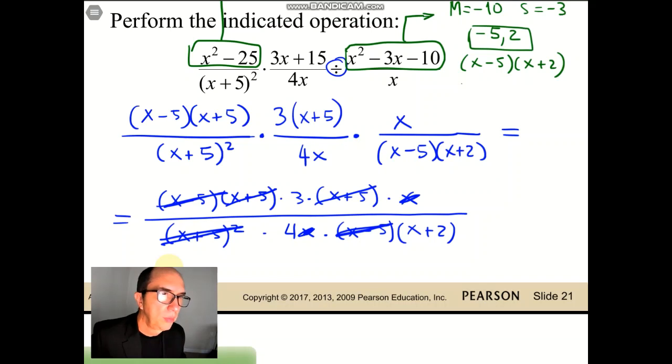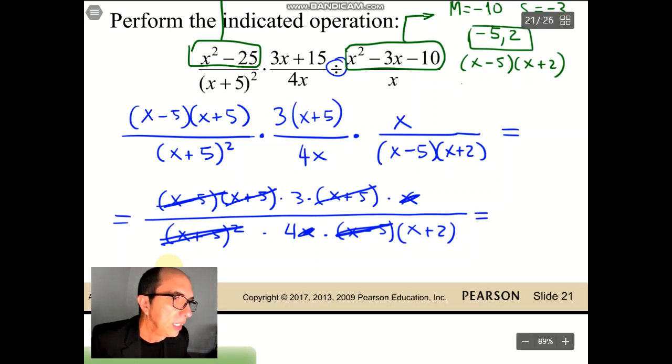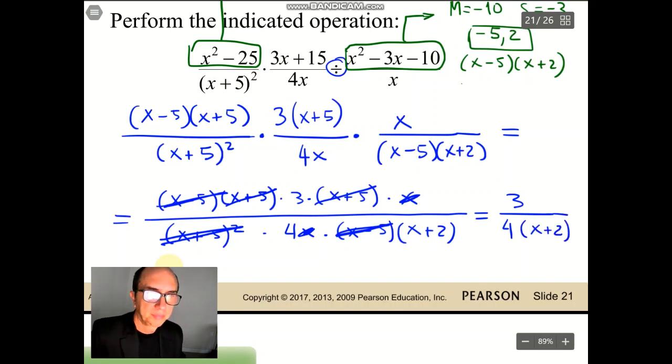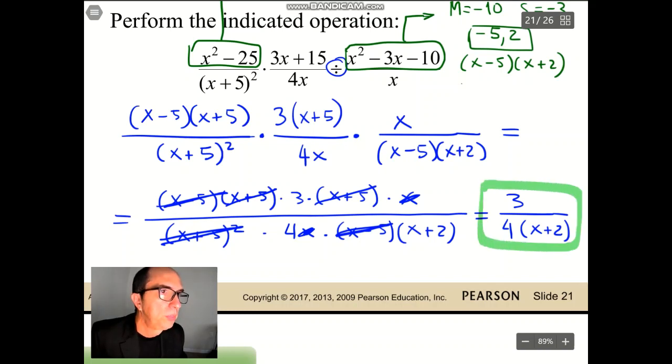And that's pretty cool, because the few things that are left are this 3 and a 4 here, and the x plus 2 over there. That is going to be the result of all the multiplications, divisions and simplifications, and that's the answer for this example.